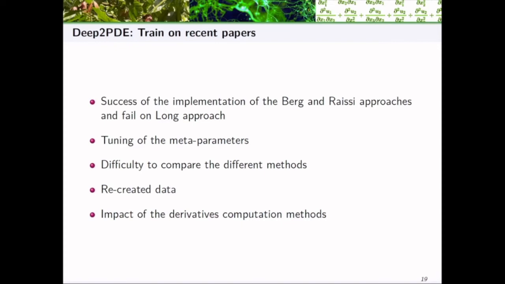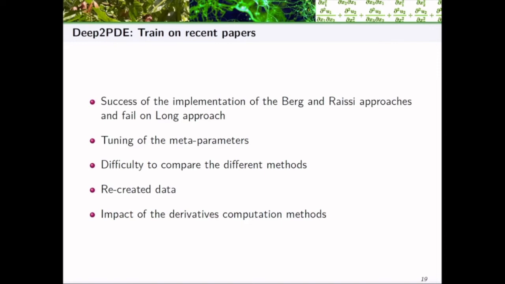We had to recreate data. And since the 3 papers give slightly different implementations, we were not able to properly compare them together. But on any method, we already see a strong impact of the derivative computation. In fact, all those methods are not really user-friendly.